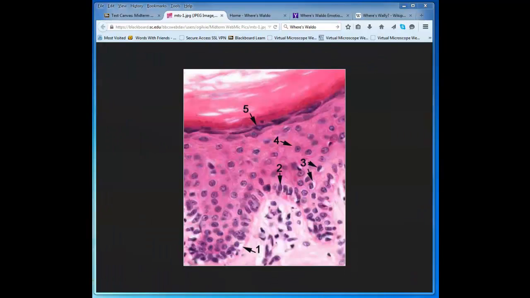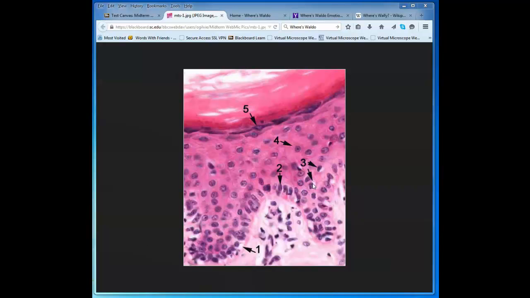In this question, you were presented with a stratified squamous, non-keratinizing epithelium with the basement membrane being here and loose connective tissue here, and the epithelium from this point on out. And the question was, the cell at number 1 produces what? And there are only two possible answers, melanin or melanin pigment.